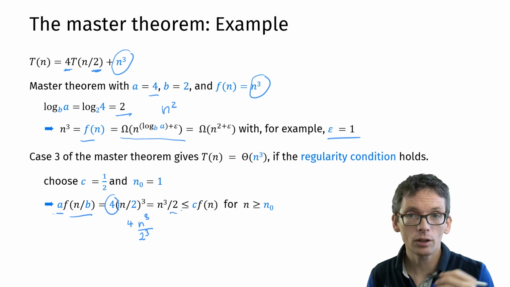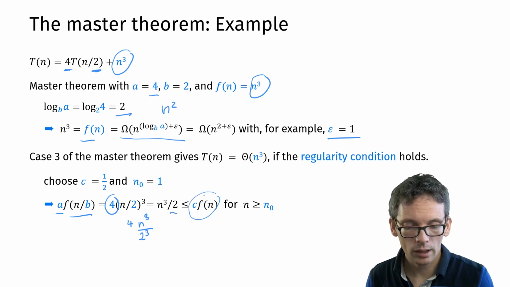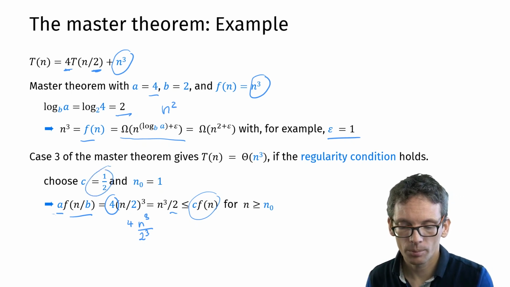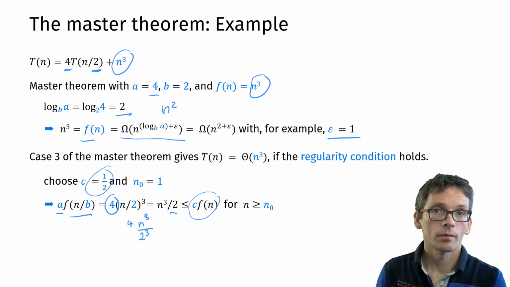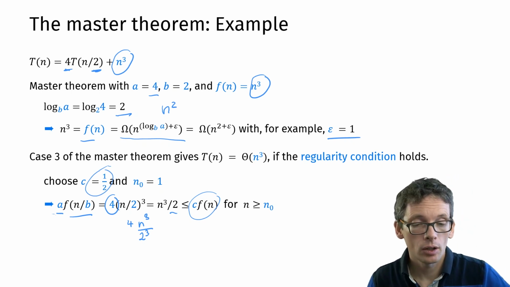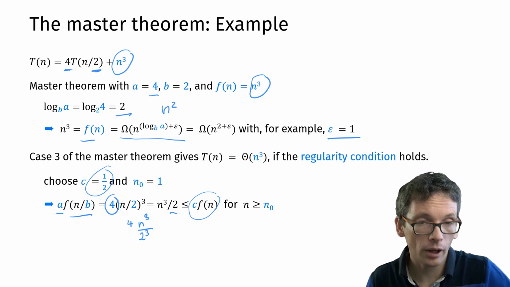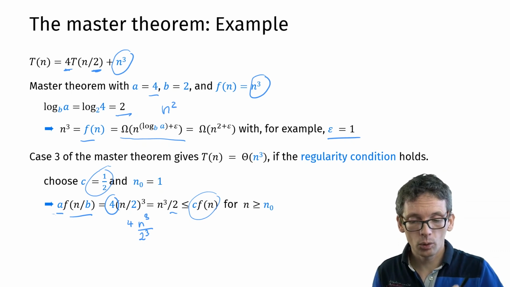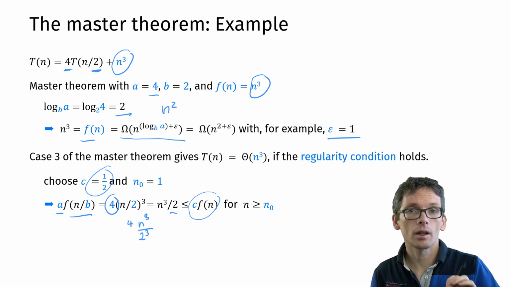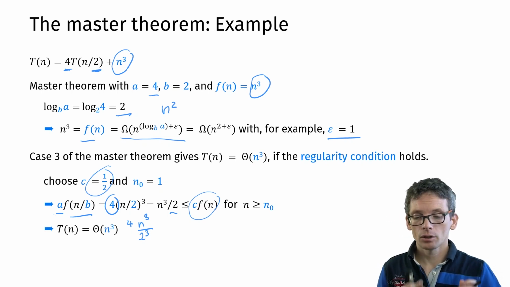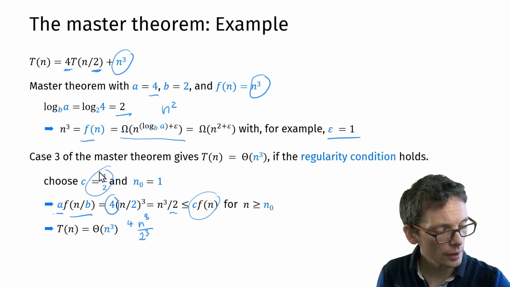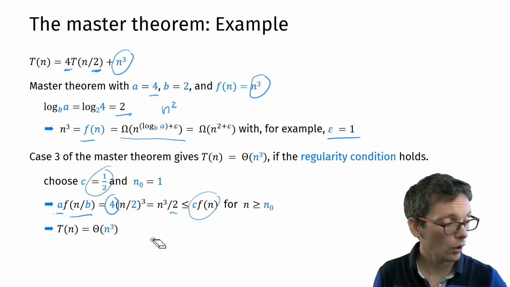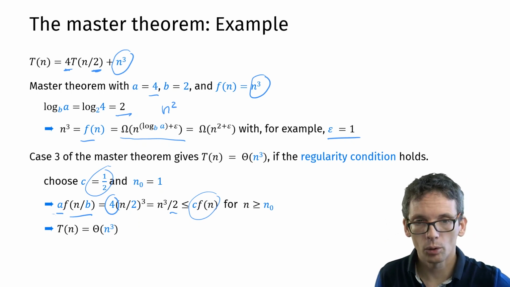So we have n cubed divided by 2, which is c times f of n, because we picked c as 1/2. c is smaller than 1, so we have checked the regularity condition. Case 3 applies, so we can conclude that T of n is in theta of f of n, so T of n is in theta of n cubed.